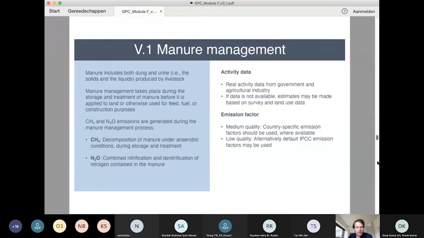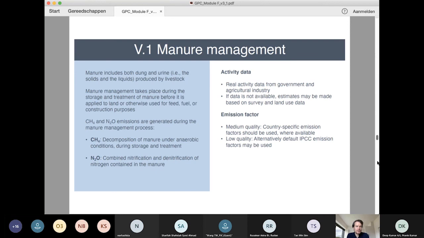Okay, so that's enteric fermentation. That's the digestive process taking place. For manure management, which includes dung and urine produced by livestock, they can also release emissions. This takes place during the storage and treatment of manure before applying it to land or using it as feed or fuel. So it's the step whilst you're managing the manure before you apply it to something else.